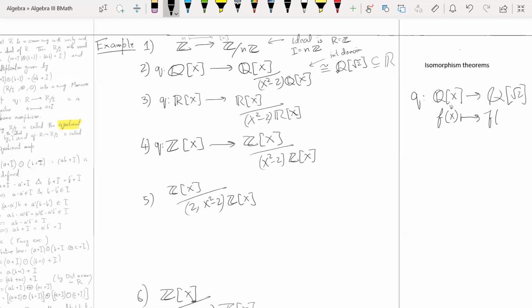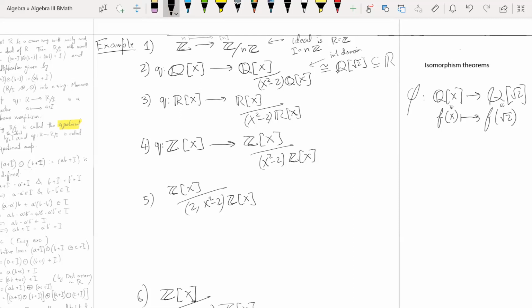This makes sense in this ring, because it is the smallest ring containing Q and square root 2, and f is a polynomial with rational coefficients. So you can take any number of powers of square root 2 and they will land in this ring. So this is well defined. Instead of Q, let me call this map phi, so that it distinguishes it from that other map.